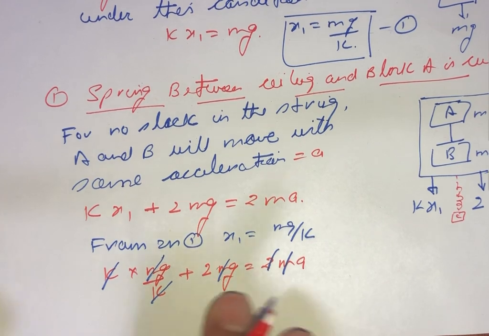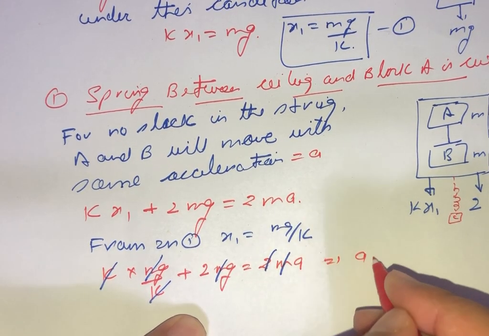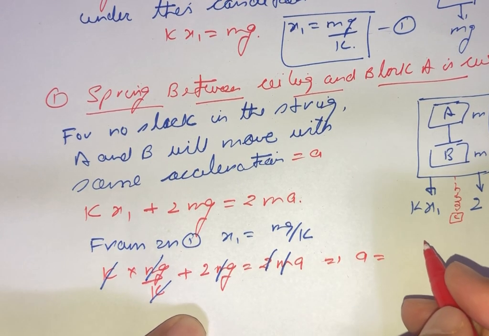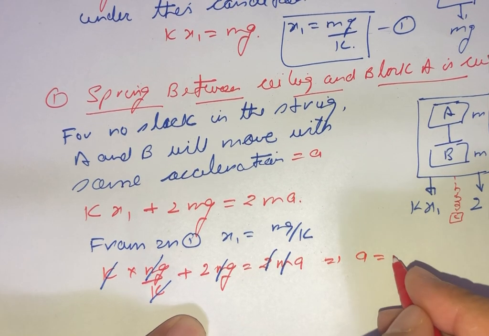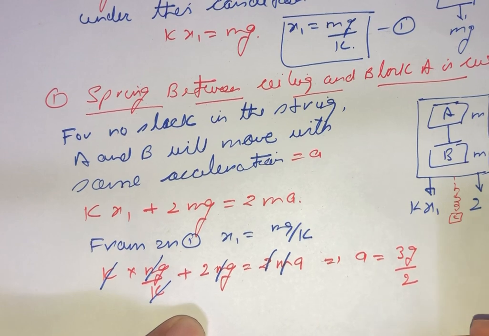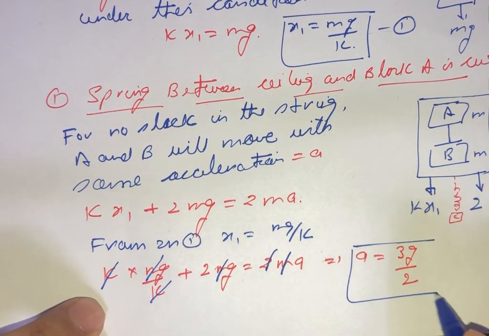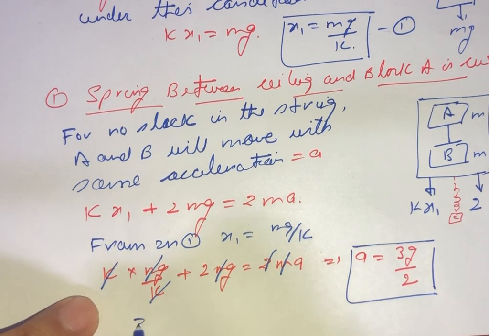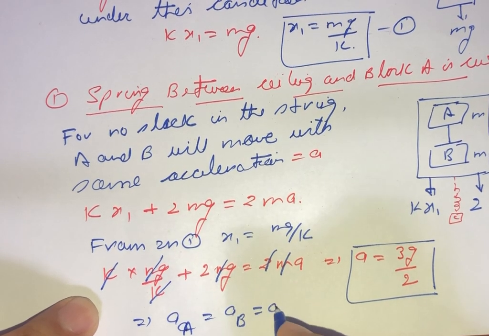So from here we can say that acceleration A will be equal to 3mg, or m cancelled, we can say 3g divided by 2. Okay. Now from here we can say that acceleration of A, block A, will be equal to acceleration of block B, and which will be equal to A, and this both will be 3g by 2.